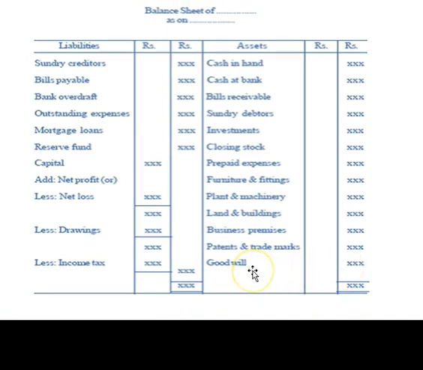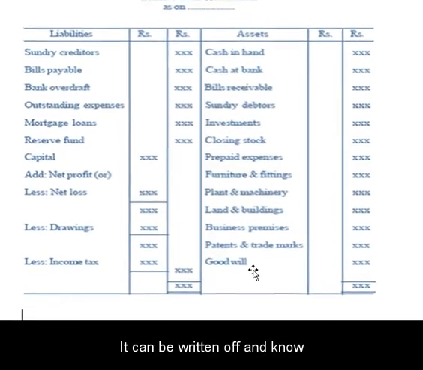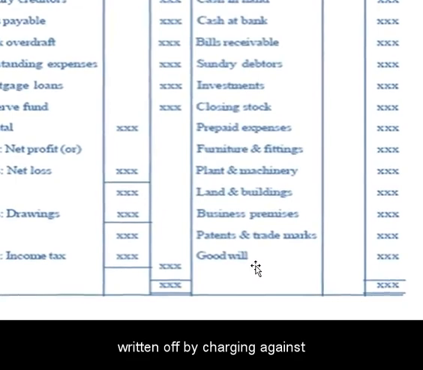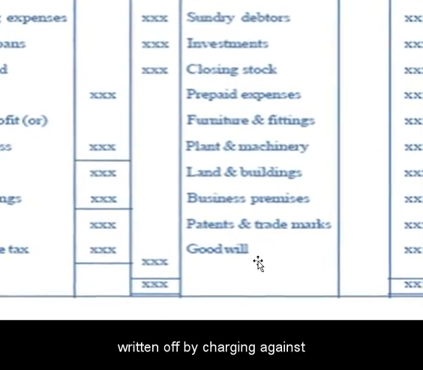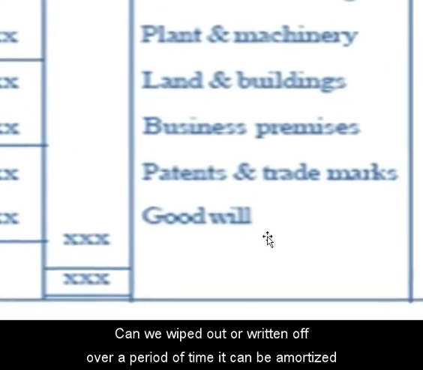Similarly, goodwill may arise from a business bought at a loss. It is a capital loss. It can be written off by charging against your profits over a period of time. It can be wiped out or amortized over a period of time.